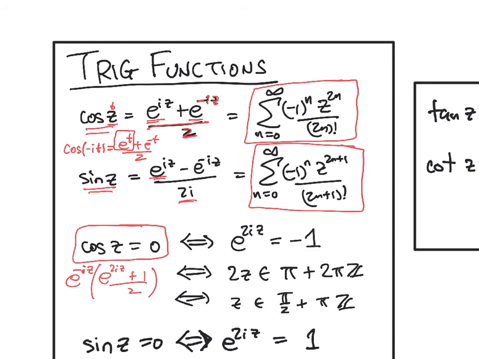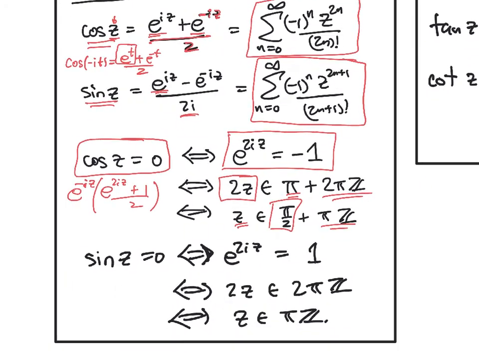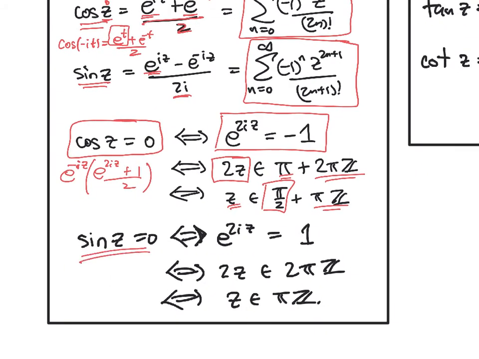And we see that this is 0 exactly when e to the 2iz is negative 1, and so you have 2z is pi plus multiples of 2 pi, so z has to be pi over 2 plus pi times an integer. And so the zeros are exactly the same as for real values. It doesn't pick up any extra zeros. The same thing happens with sine. I don't need to go through the same argument. Sine of z is 0 exactly when z is an integer multiple of pi.